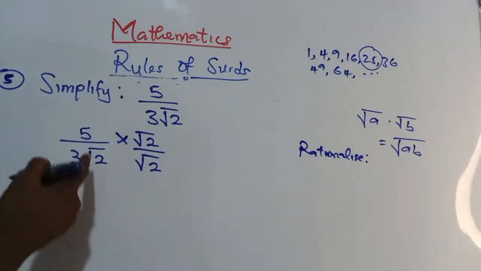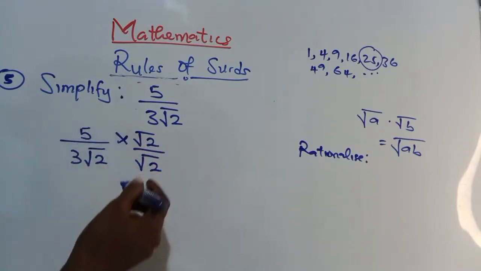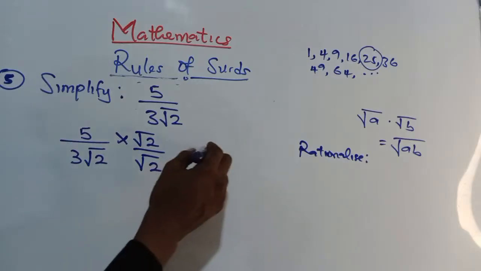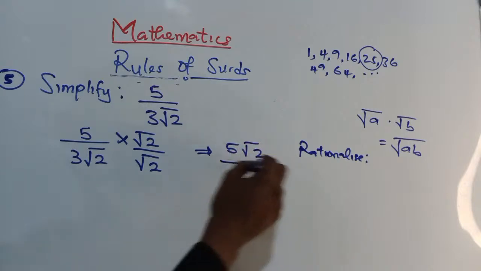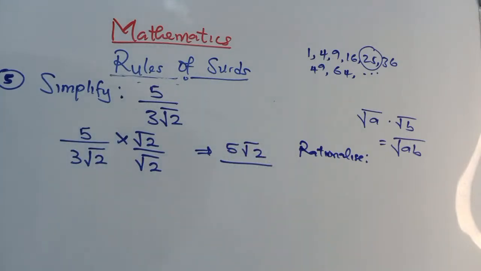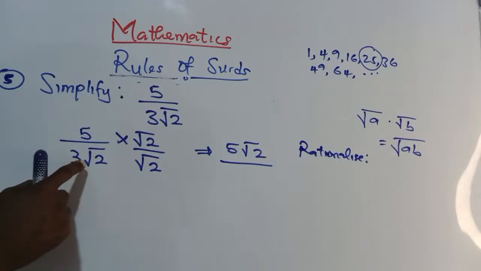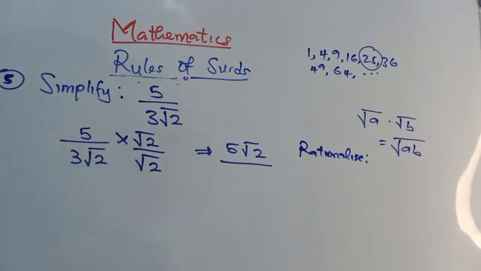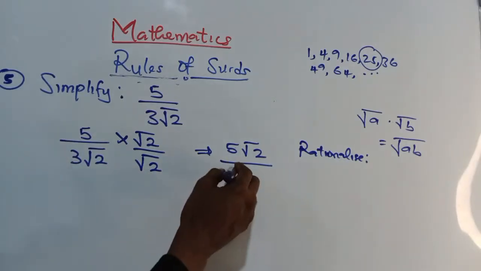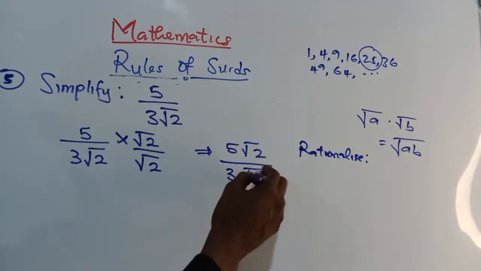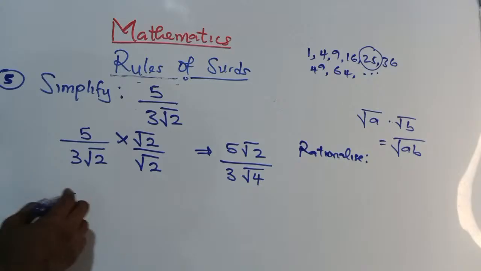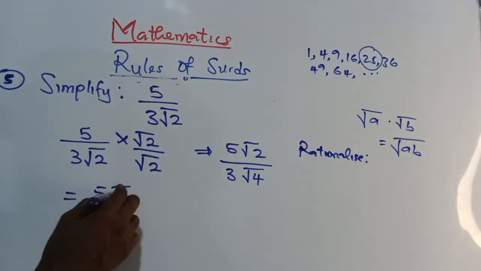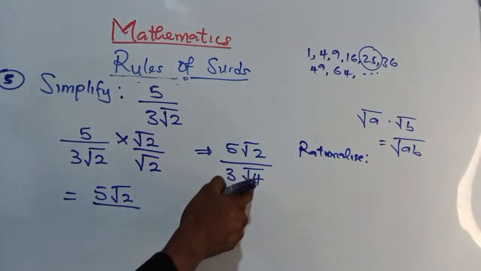Okay, so we have 5 times root 2 will give us 5 root 2 over, now 3 root 2 multiplied by root 2. Root 2 times root 2 will give us root 4. So from there, we have 5 root 2 over square root of 4, which is 2.